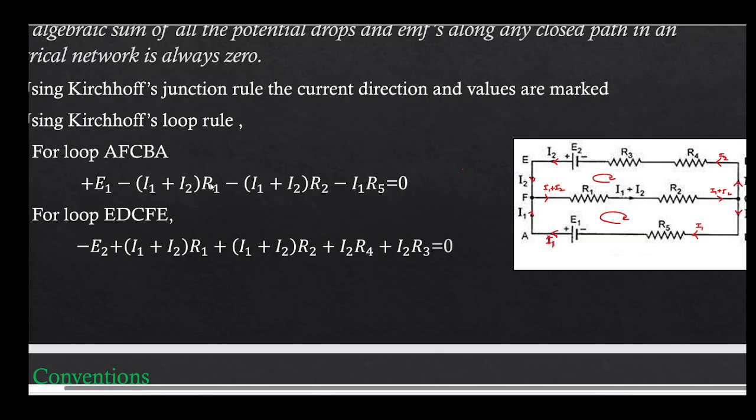And for IR, if the traversal is in the direction of current, take positive, opposite direction negative. Based on that, we can write Kirchhoff's voltage laws and then find the answer. I can show you some examples also and explain in numerical type questions. As of now, you can just remember this.